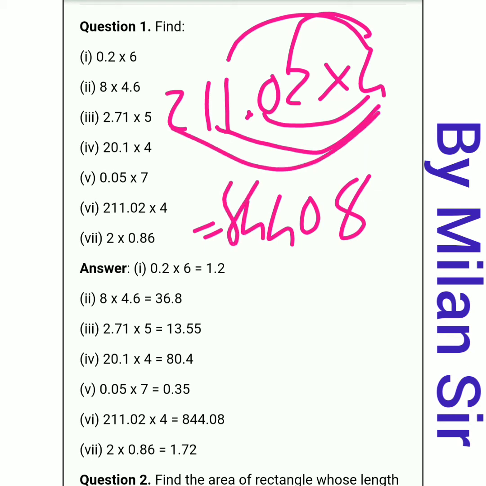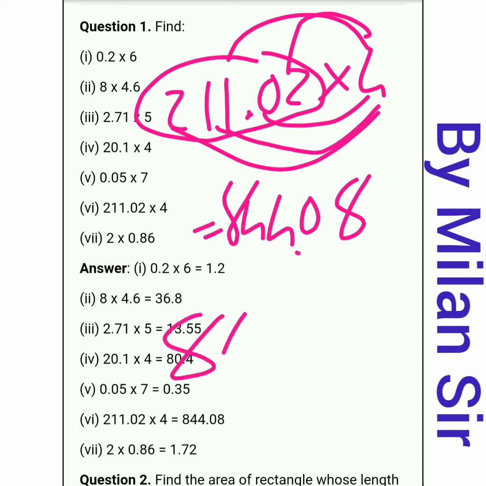So 84408, but in 211.02 before 2 digits we have the decimal point, so the same thing we need to do in the answer. So our final answer is 844.08. In a decimal number in the question, where before 2 digits the decimal point is there, the same thing we need to do in the answer.